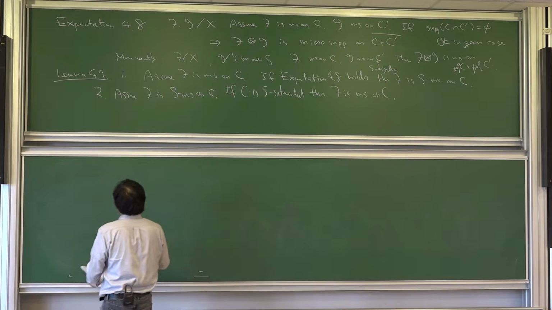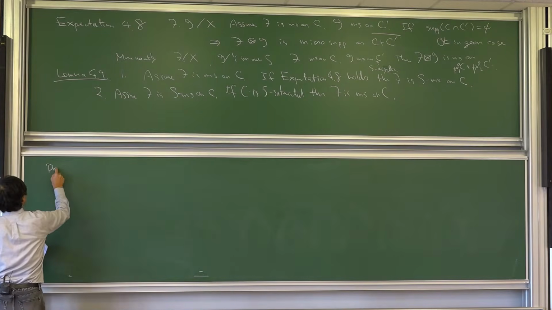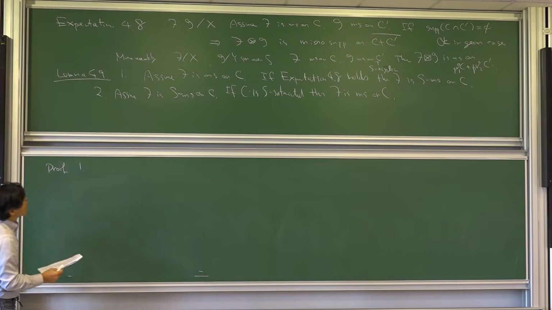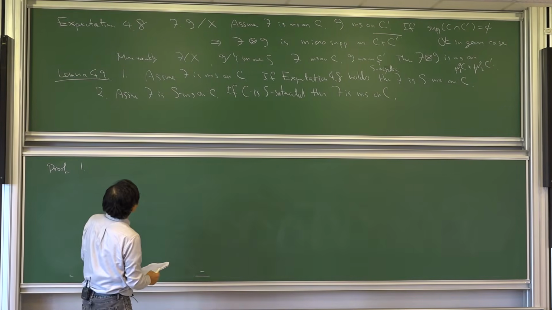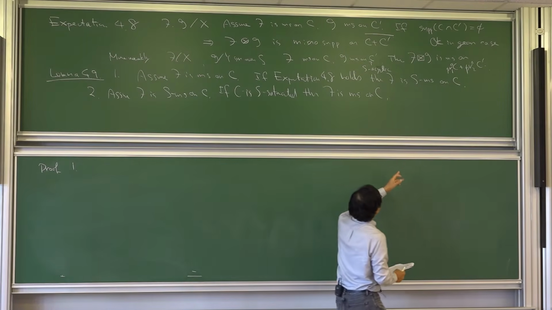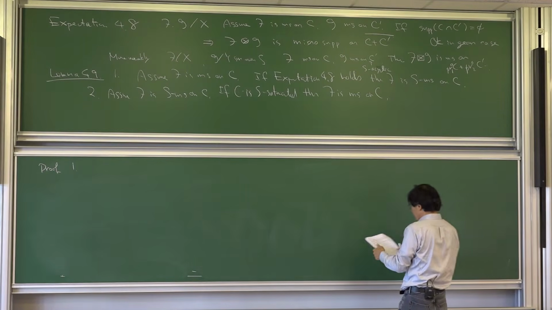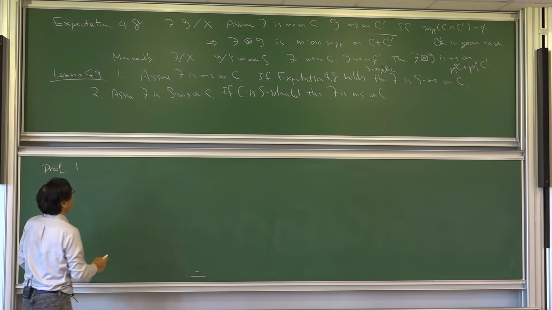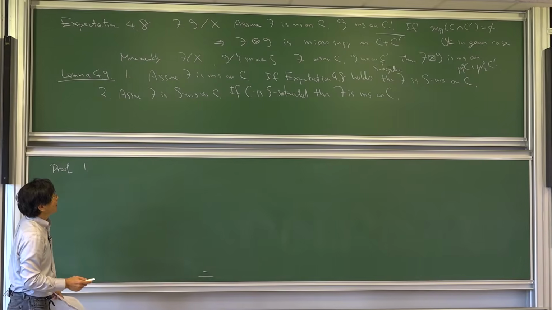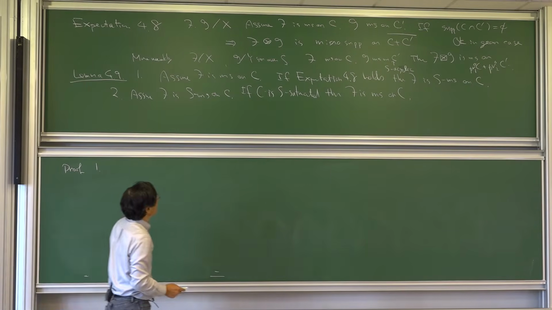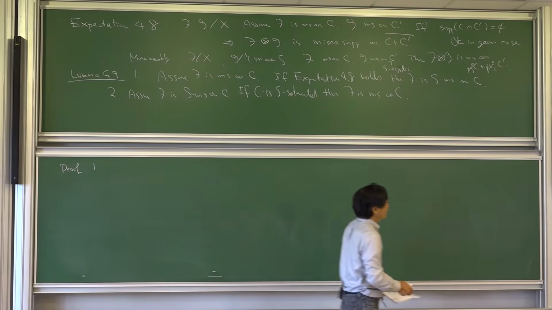Okay, so let's prove this. We assume F is micro-supported on C, and we want to show that F is S-micro-supported on C. Stable by the action of the line.